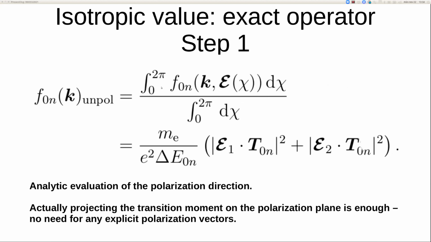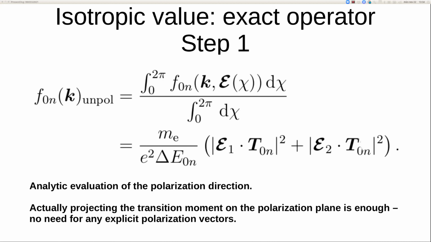So we have to integrate over all possible directions. And what comes out is that essentially we need two representative polarization vectors, epsilon1 and epsilon2, and we're projecting the transition moment on that plane. So actually we only need the transition moment on the polarization plane. The third component, which is in the direction of the k vector, is not needed.